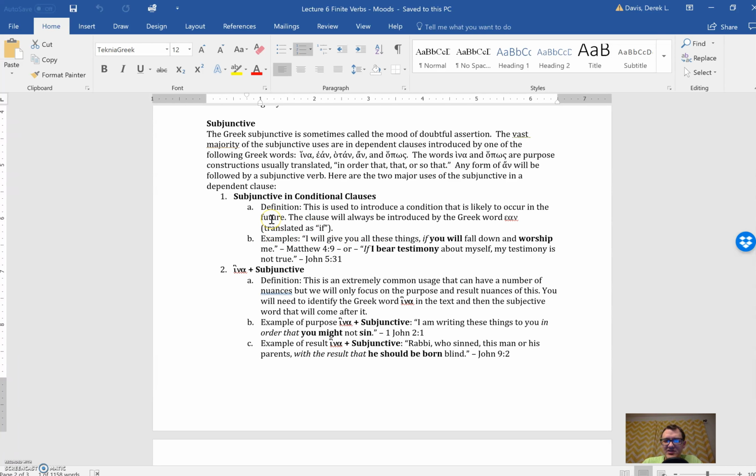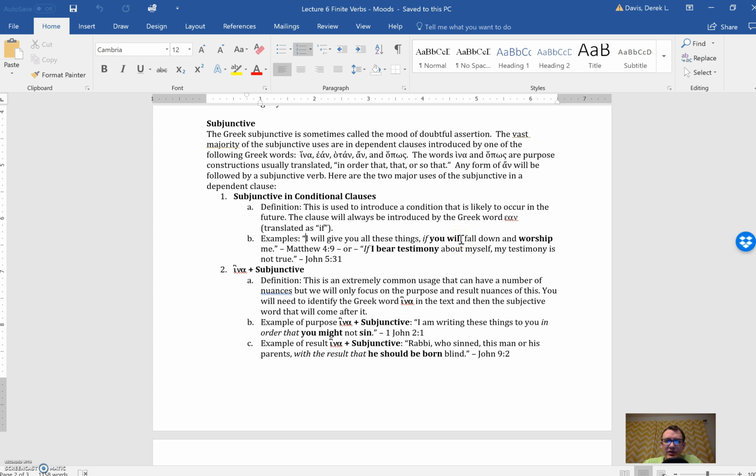So let me give you an example of one that you're going to be characterizing: the subjunctive in conditional clauses. For example: I will give you all of these things if you will fall down and worship me. Now, this might look like a conditional indicative, as you just saw.